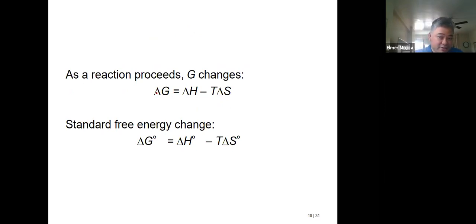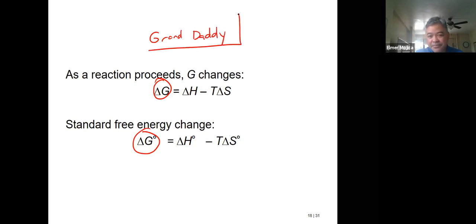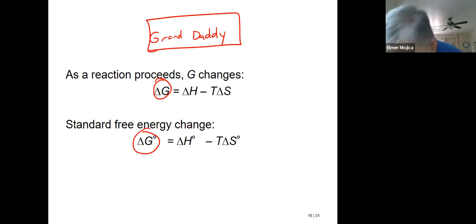There are a lot of equations that you have here, and I call this the granddaddy equation, because there are different ways to get this delta G.